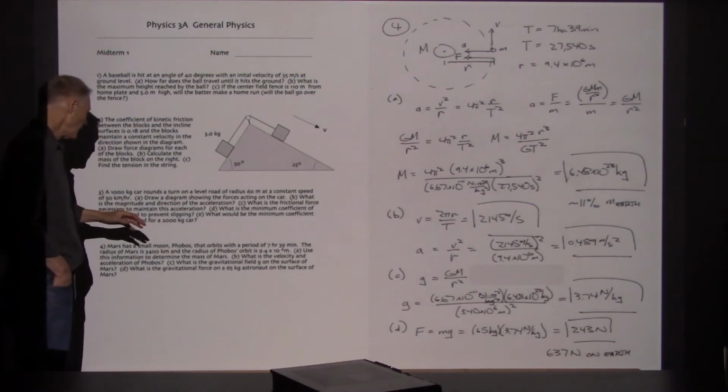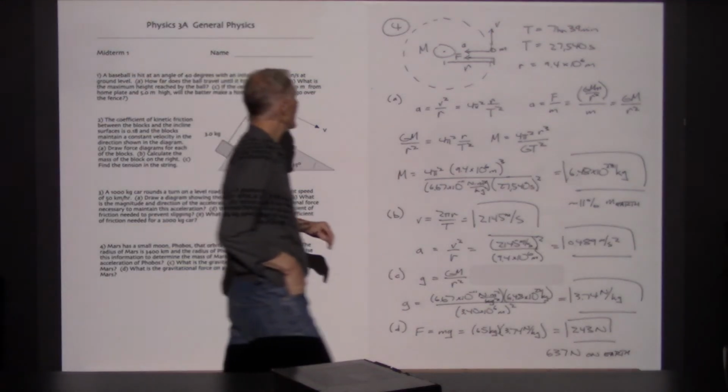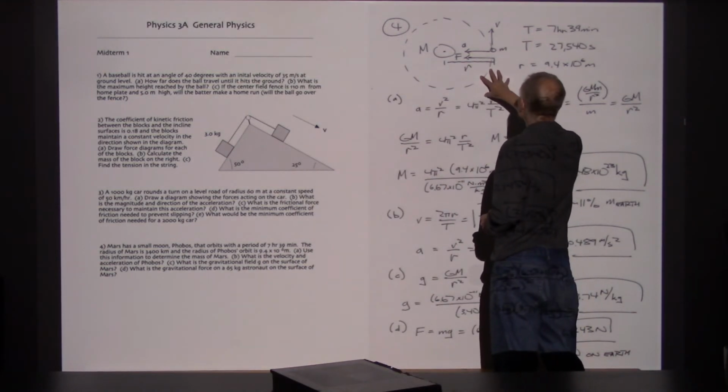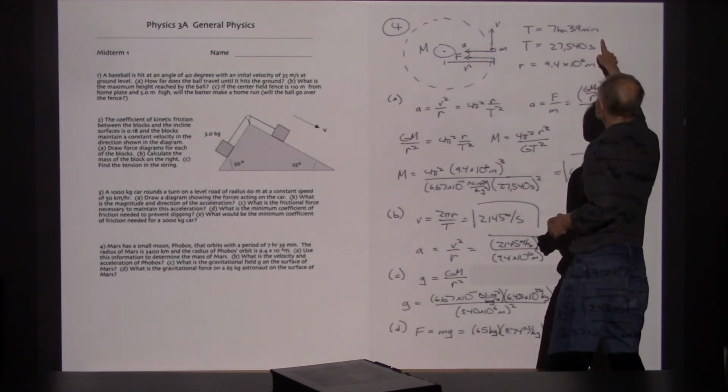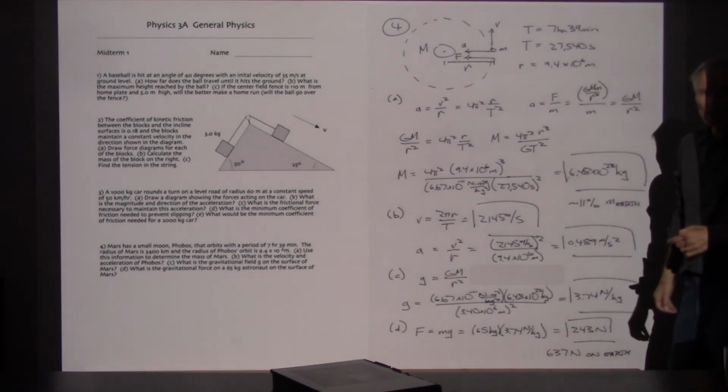So we want to determine the mass of Mars. We've seen this before. I drew the diagram. They didn't ask me to, but I drew it anyway. I took the period that they gave me and converted that into seconds, 7.5 hours.